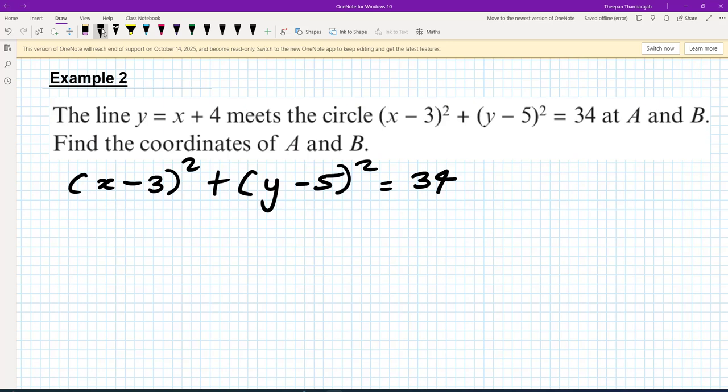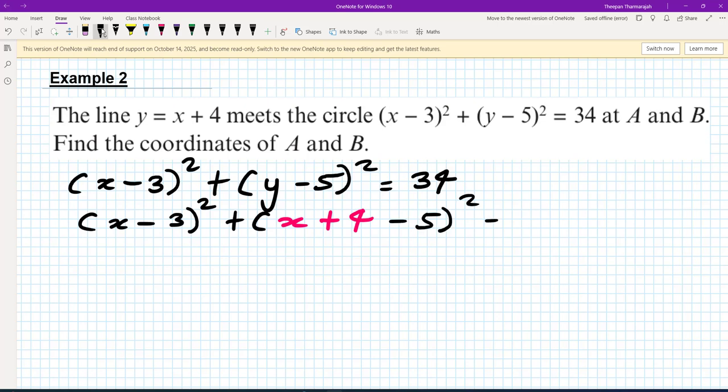Then we're going to do a substitution: (x minus 3) all squared plus, now we're going to substitute what y is, that's x plus 4. Don't forget we need to do a minus 5. All squared equals 34.